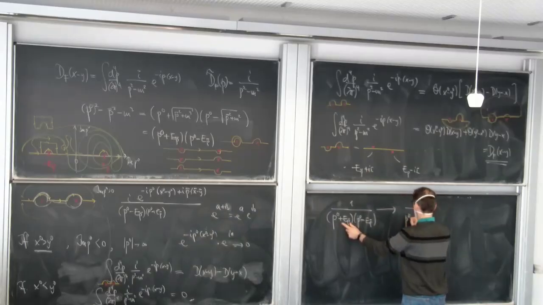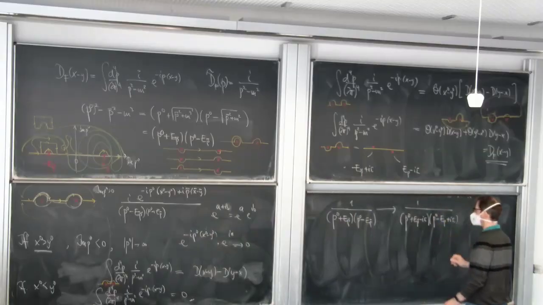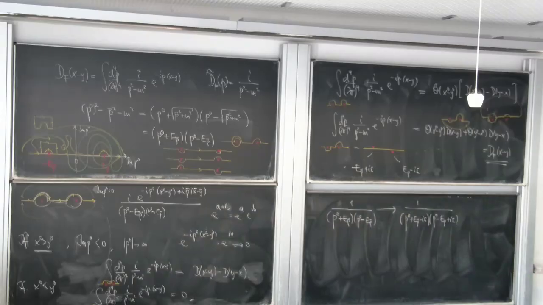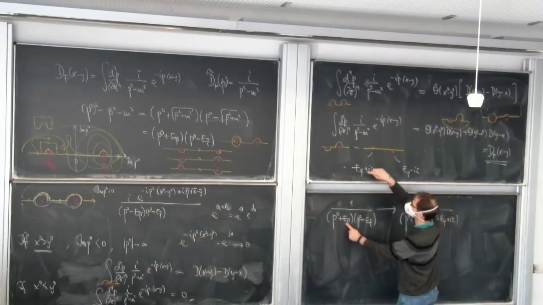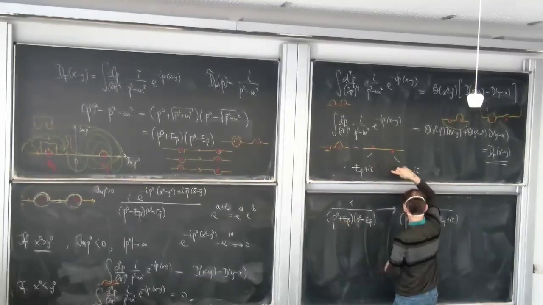So I have p0 plus Ep minus i epsilon, and p0 minus Ep plus i epsilon. So that's this one. And it's shifted by i epsilon, but with this extra minus sign.